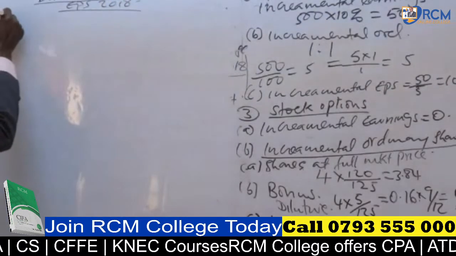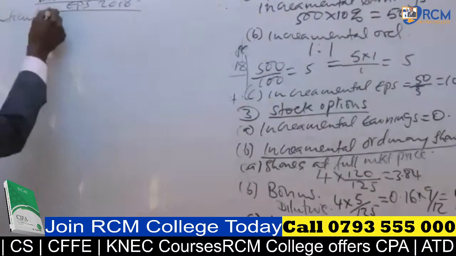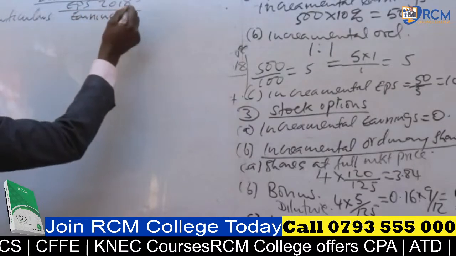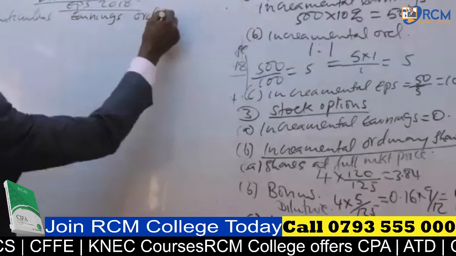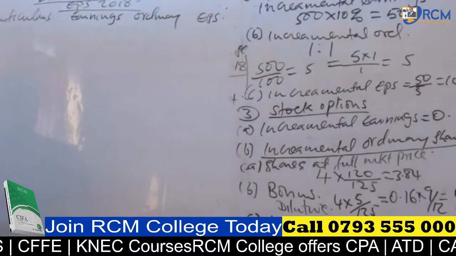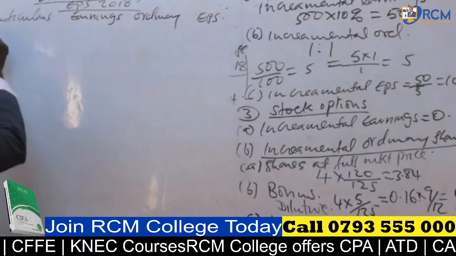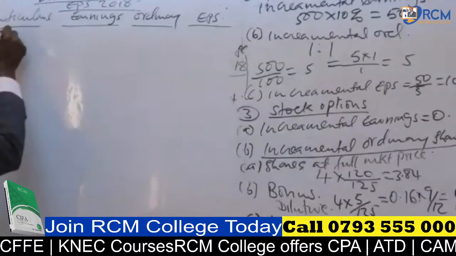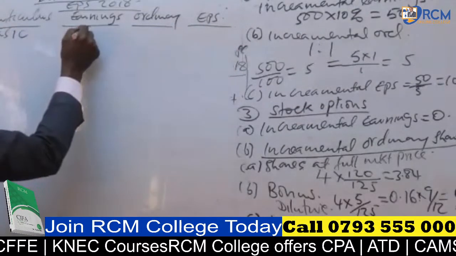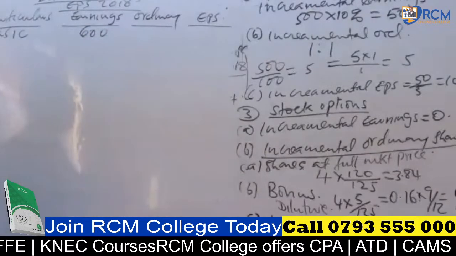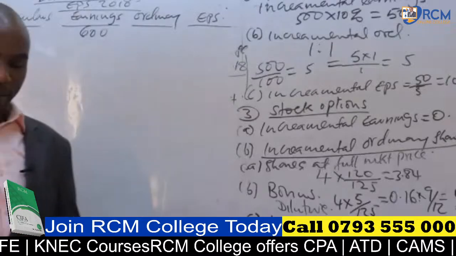You say particulars, earnings, ordinary shares, then EPS. Here, for earnings, we have basic. Basic, we had 600 as our earnings. How much was the ordinary share for basic 2018?